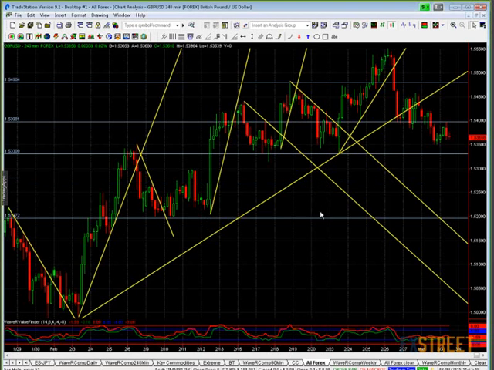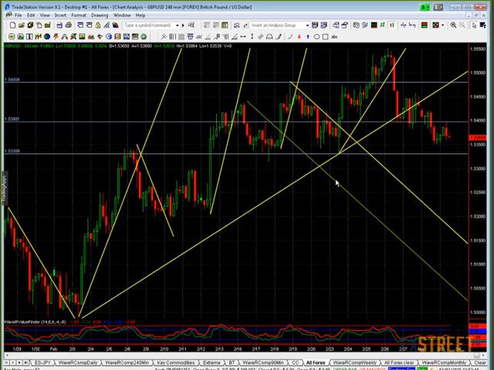Now, let me just tidy this up a wee bit. And if we just take a look at this, we've got a line just here. That is the last higher low, or main higher low, in this move on up.